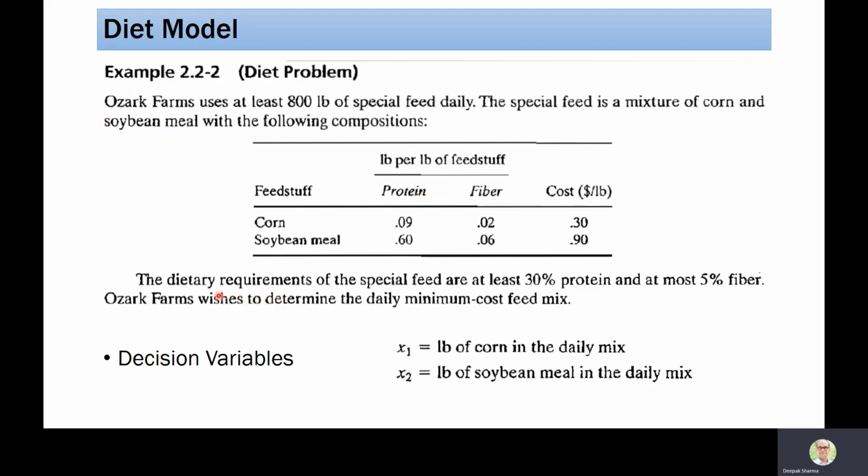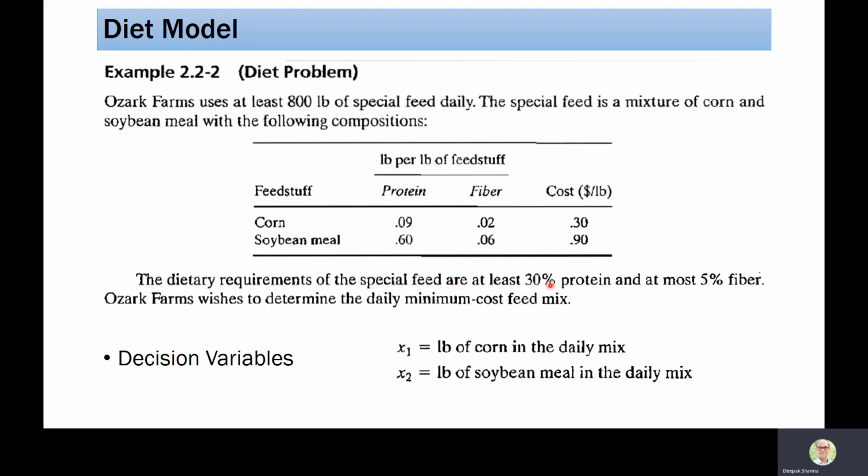Now the other constraint is that the dietary requirement of the special feed is at least 30% protein, meaning that when we have the protein, how will we get it? I can get protein from the corn as well as from the soybean. We know x1 is the amount of corn, so 0.09 x1, this much protein I can get from corn. 0.60 x2, this much protein I can get from the soybean.